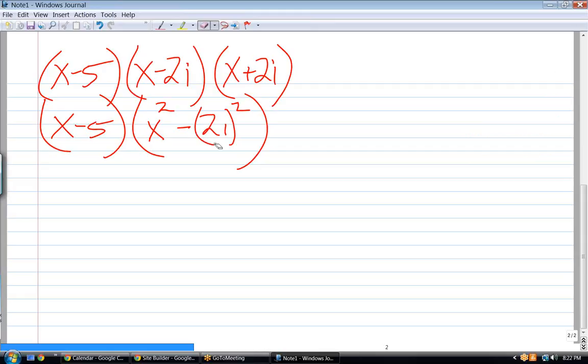Quantity 2i squared. So that becomes x squared minus 4i squared. i squared is minus 1. So this becomes x squared plus 4.